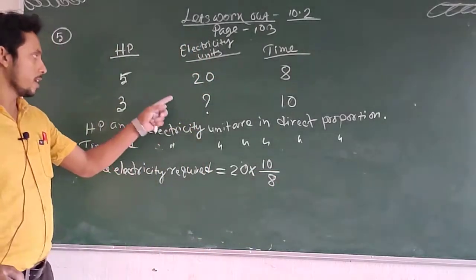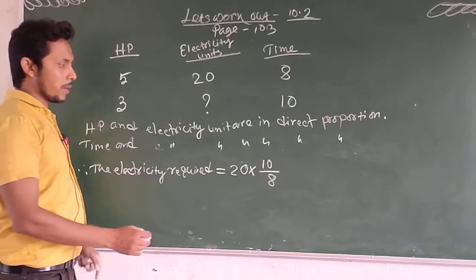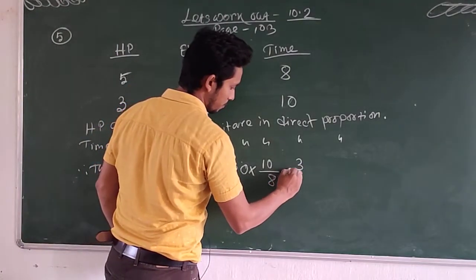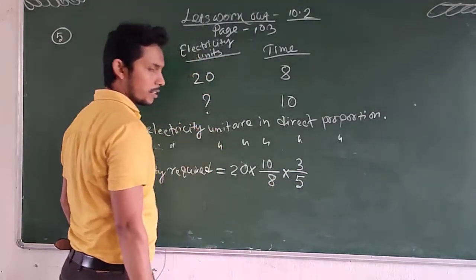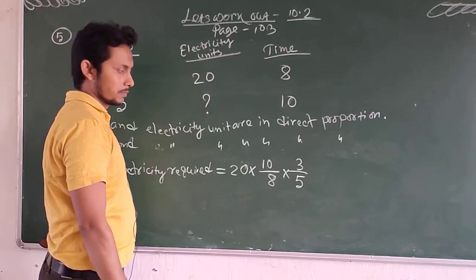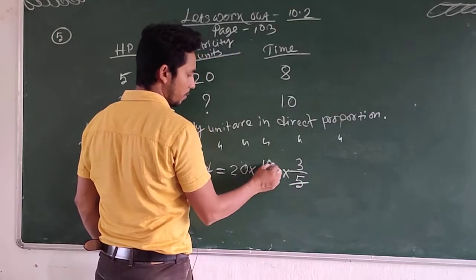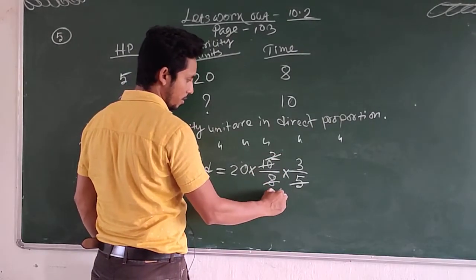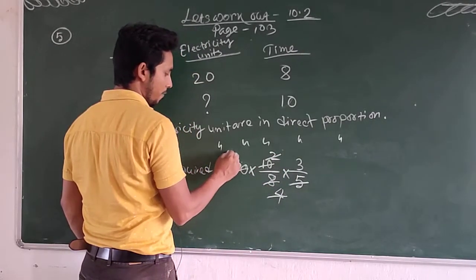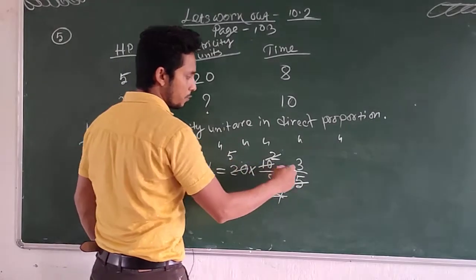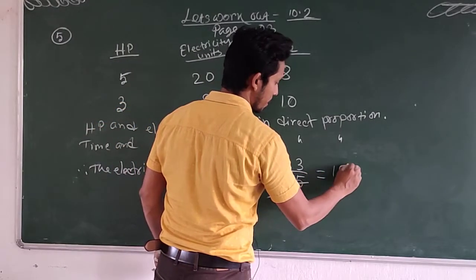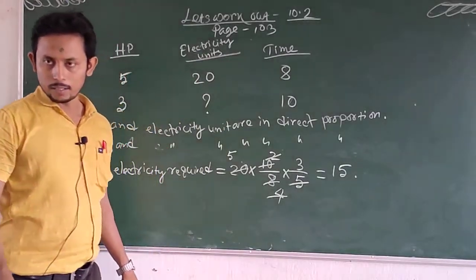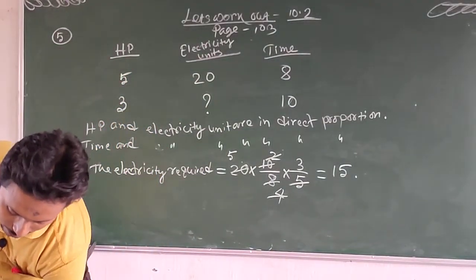Here is also direct, so 3 by 5 will be written. Clear or not clear? Now look, 5 2s are 10, 2 4s are 8 and 4 5s are 20. 5 into 3, that is 15. I hope that it is clear to all of you.